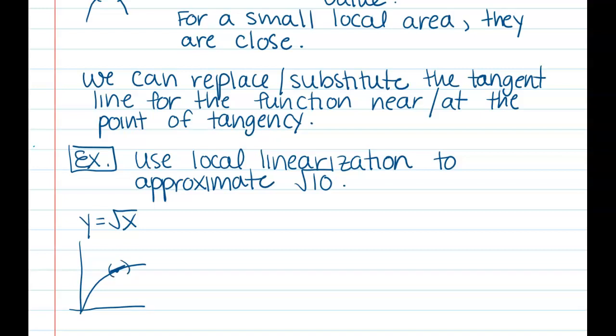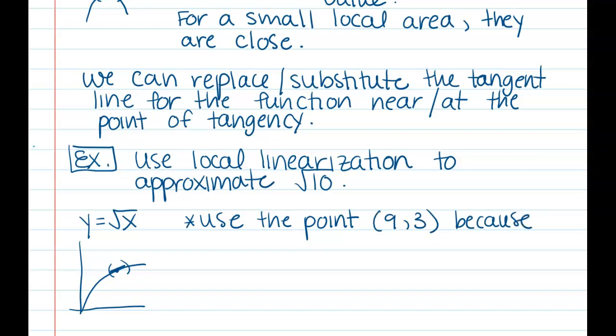So we don't know square root of 10. We're going to use the point 9, 3, because 9 is near 10, and we know what the square root of 9 is.